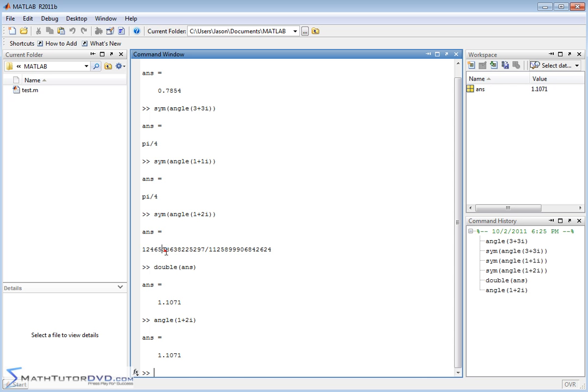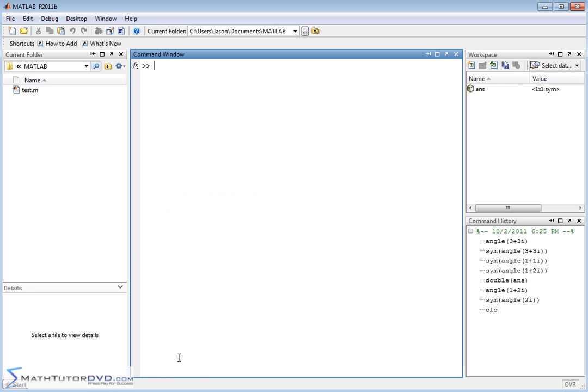So this exact answer we got here is not too terribly useful, but it is definitely trying to keep it exact for you. What if you did the symbolic angle, the exact answer, so to speak, of the complex number 2i? Well, this lies completely on the imaginary axis, so the angle should be 90 degrees, which is pi over 2, and so it gives you pi over 2 as an answer.